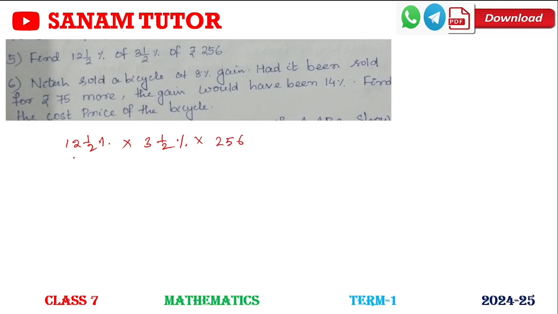Okay, first convert 12 2 ja 24, 25 divided by 2 percentage into 3 2 ja 6, 7 by 2 percentage into 256. Now we can write 25 by 200 into 7 divided by 200 into 256.